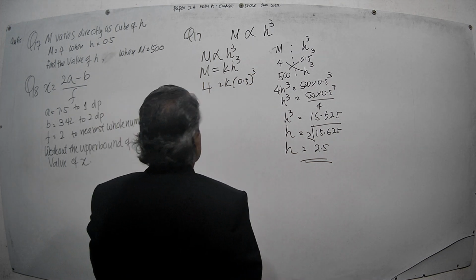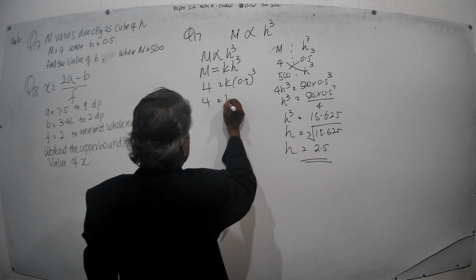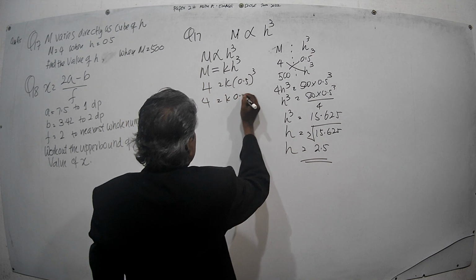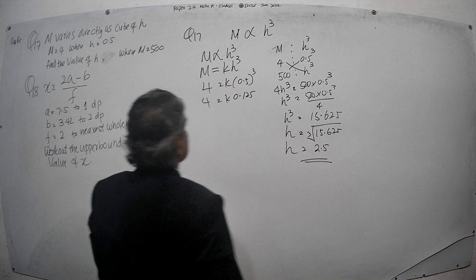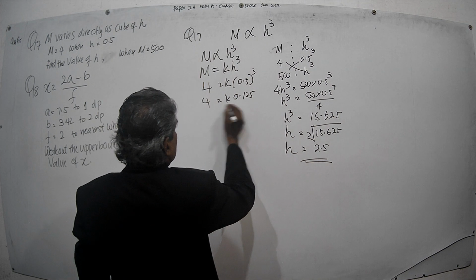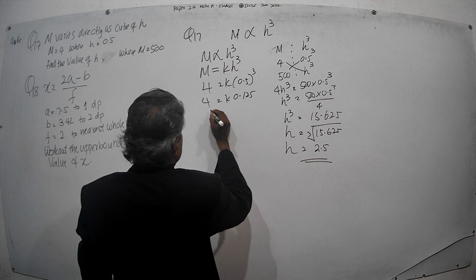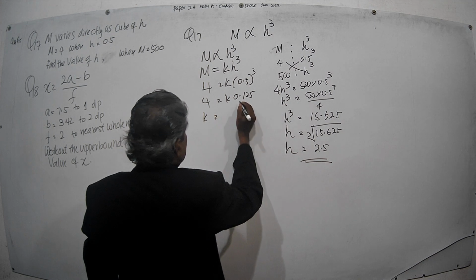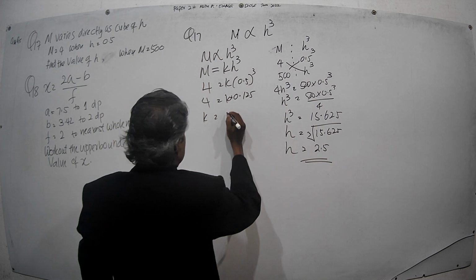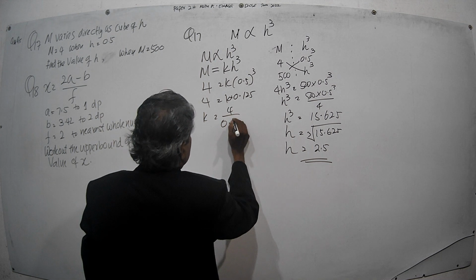For this, 0.5 cube means 0.125. Then to find k, multiplication by 0.125 becomes division by 0.125.